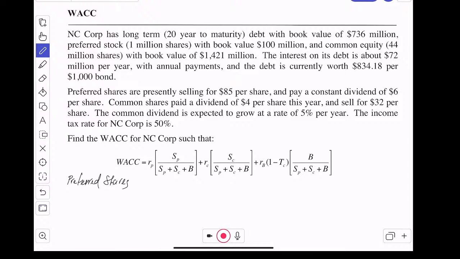I'll put common stock here and debt over here.